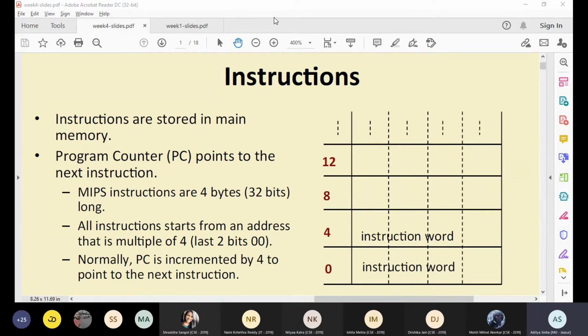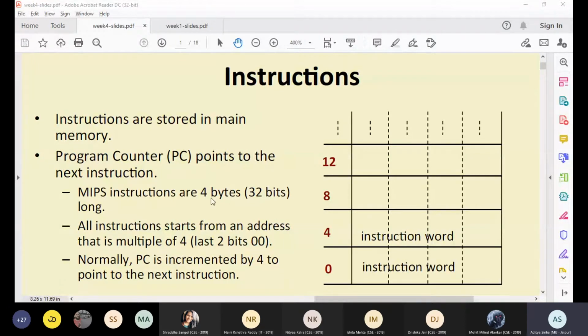Major three classes: general purpose registers, special purpose registers, and temporary storage. Okay. Anyone other than Shraddha? Then everyone will be included. Anyone else? What is the purpose of general purpose registers?